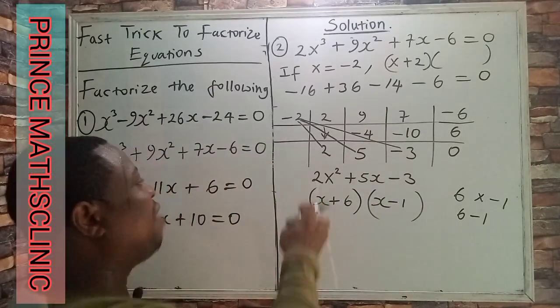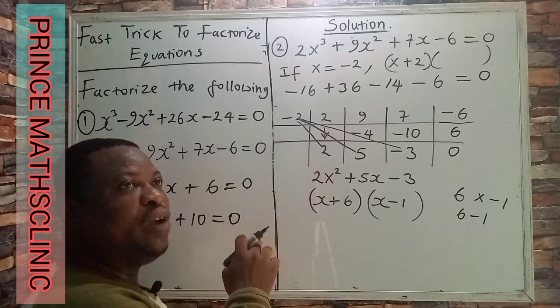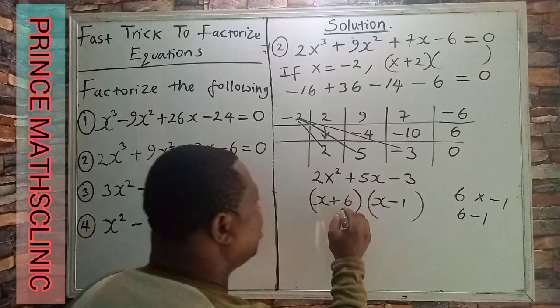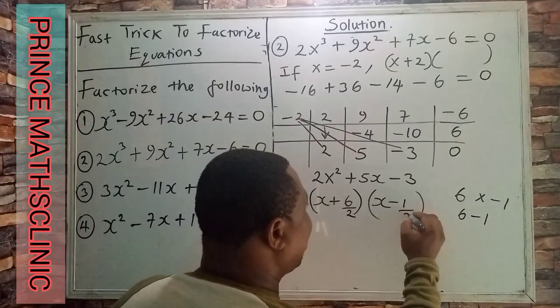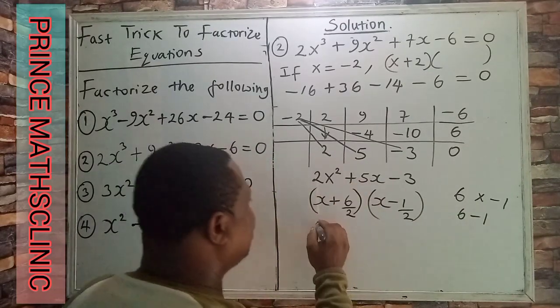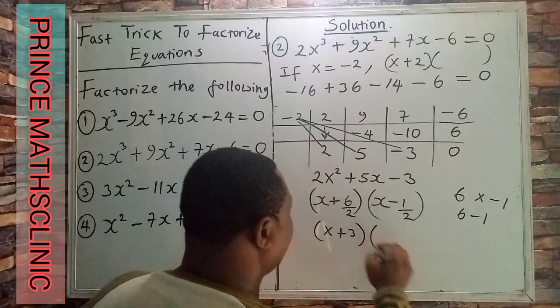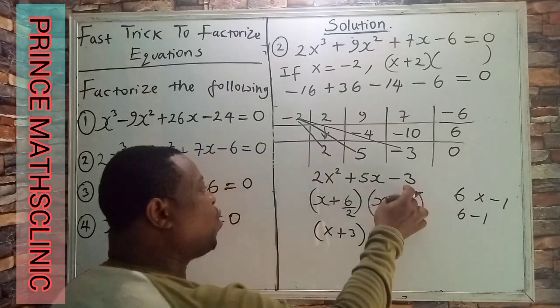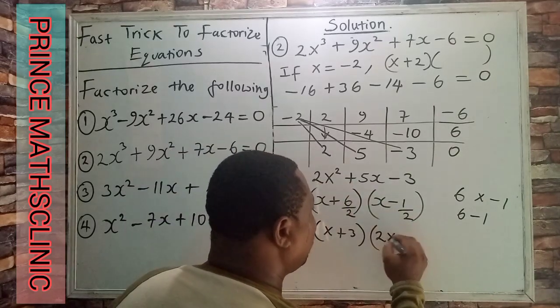But in this case, we have a coefficient of 2 in the leading value here of x squared. So I'm going to divide this part of this linear equation by 2 and this part by 2. Therefore, I know 2 can go in 6 3 times. So this will become x plus 3. Now, since 2 cannot go in 1, I'll just cross multiply. 2 times x becomes 2x.